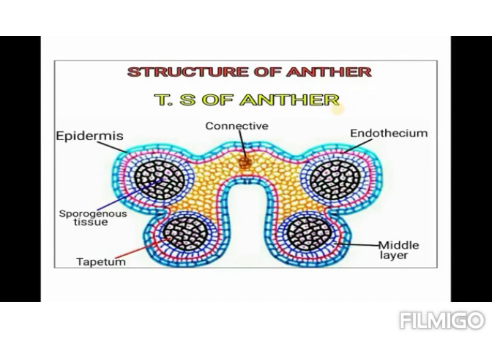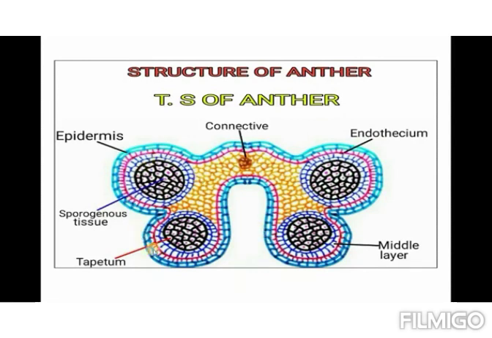As earlier I have told you, in biology the word itself tells us the meaning. Dithecous means two lobes are there. See, this is one lobe and this is another lobe. So this is called the dithecous anther. Okay?